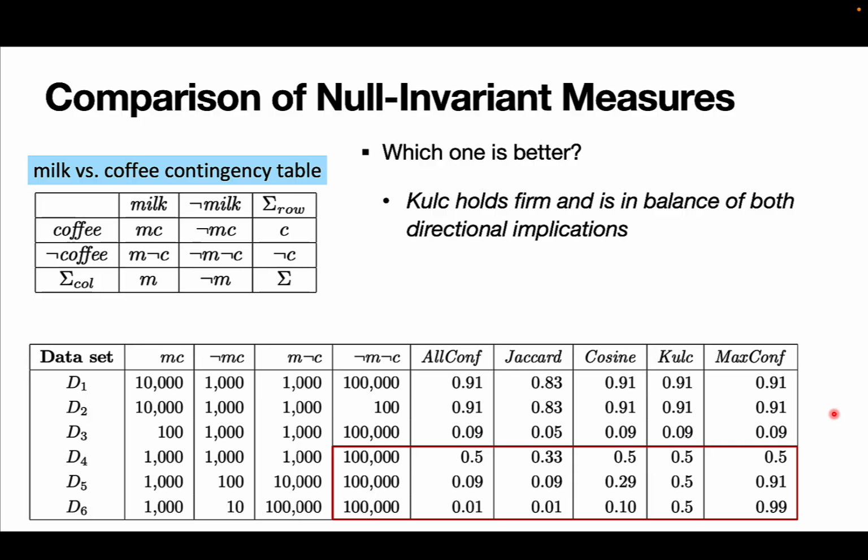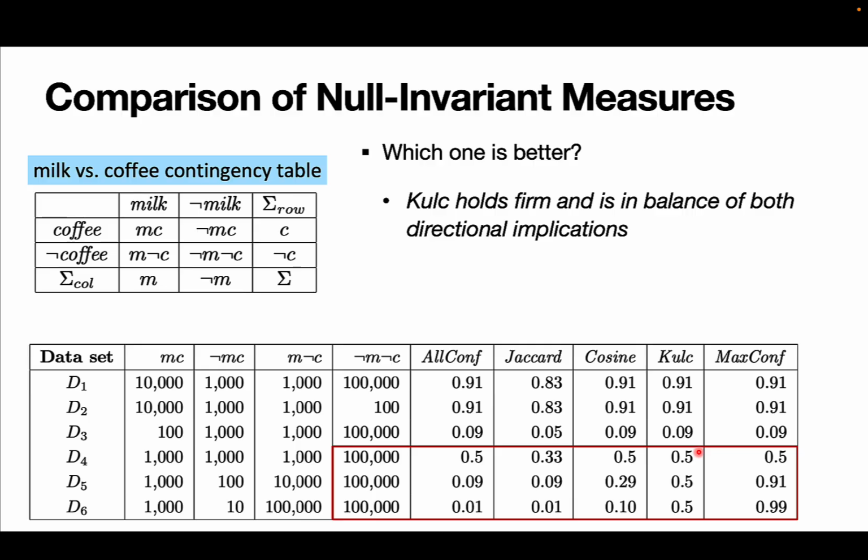It looks like Kulc is a promising measure because it remained constant across different datasets, but there's still a small problem with that. It didn't capture the changes in the distribution, not MC and M not C. In other words, it has become too robust. It doesn't respond dynamically to shifts in data composition.